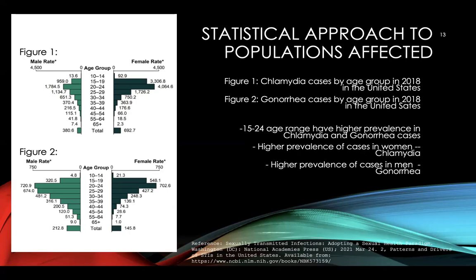So definitely the younger population are highly affected. And in chlamydia cases, you will notice that females have a higher prevalence. And then in men, there is a slightly higher prevalence to have gonorrhea. But it's more equally distributed with gonorrhea in comparison to chlamydia. It's very much more highly prevalent in females.